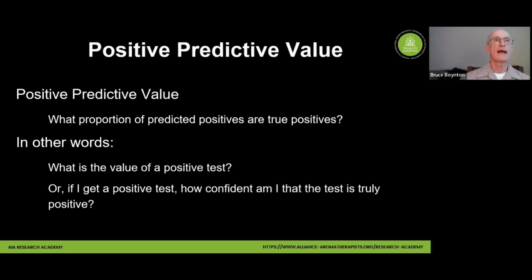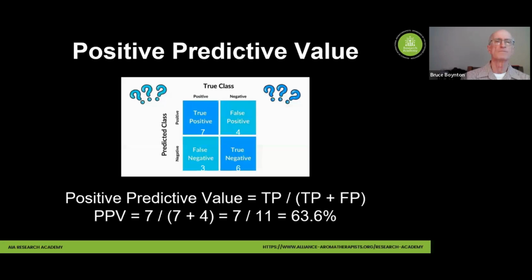So let's say you're given a battery of tests at the lab, and one of them turns out outside the normal limits. Is that really positive? Should I be worried about that? Or can that just happen by chance? Well, that's where the positive predictive value comes in.